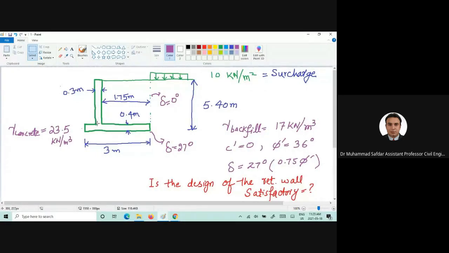The height of this retaining wall is 5.40 meter, the base thickness is 0.4 meter, and the width of this retaining wall is 3 meter. The width of the stem is 0.3 meter. A surcharge pressure of 10 kilopascal is applied here. Now the wall friction here is 0 because on both sides we will be having soil.